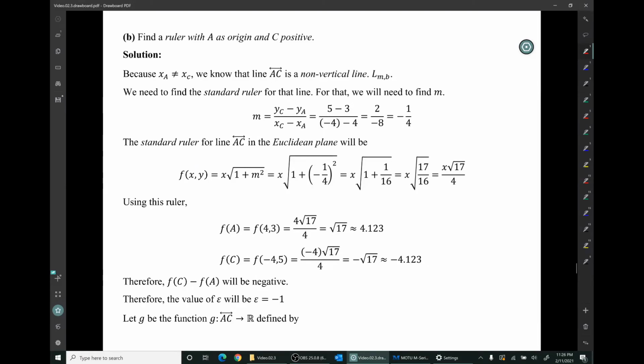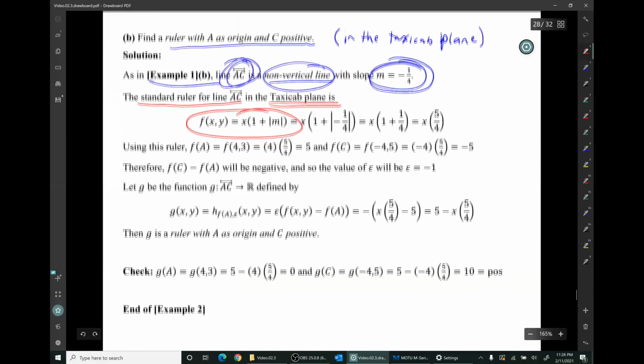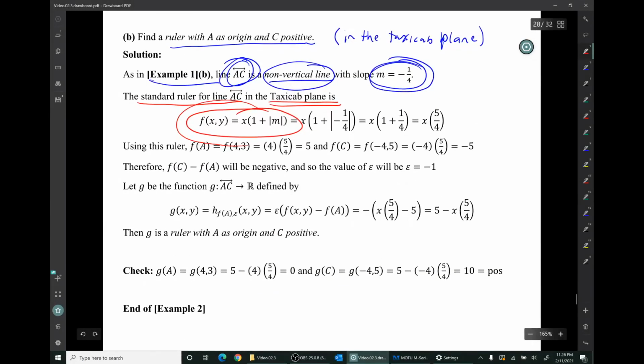In the taxicab plane, the standard ruler is f of xy equals x times the quantity 1 plus absolute value of m. Well, we know what m is. m is this number, -1/4, so we put that in, and we end up with this formula. The standard ruler is f of xy equals x times 5/4. Now, what's next?